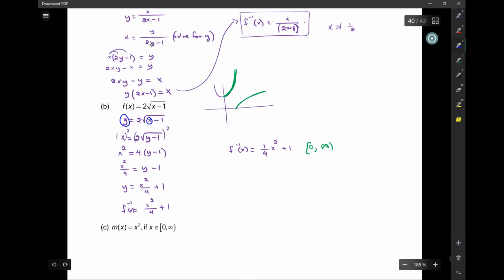And if you reflect it along the line y equals x, do you see how the greens will match up? So that's the inverse. Because the function is only this, you can only map this much of the graph, no more.